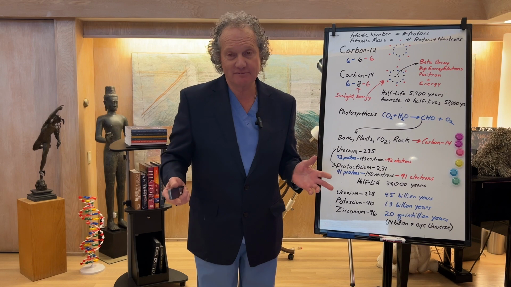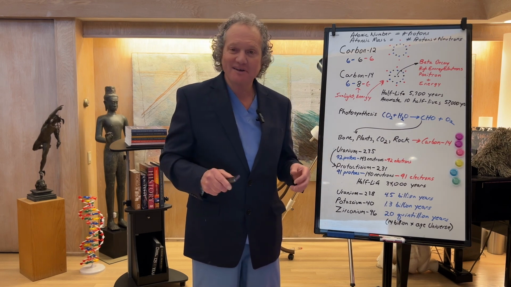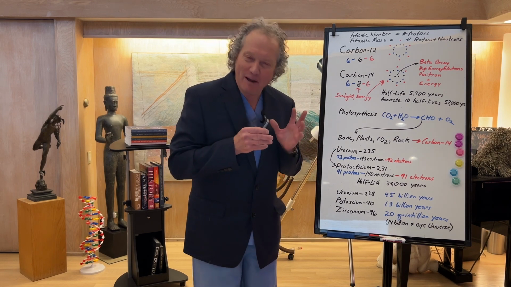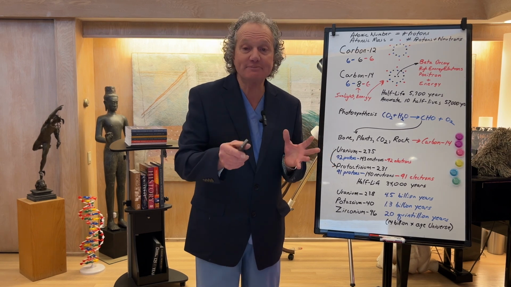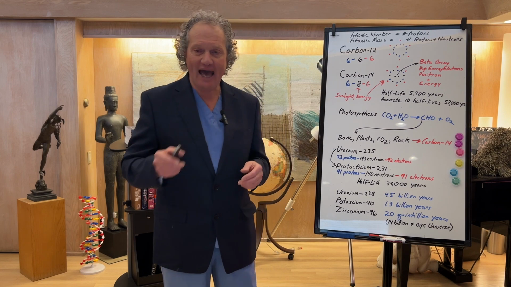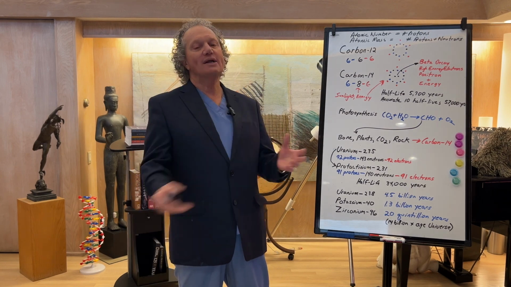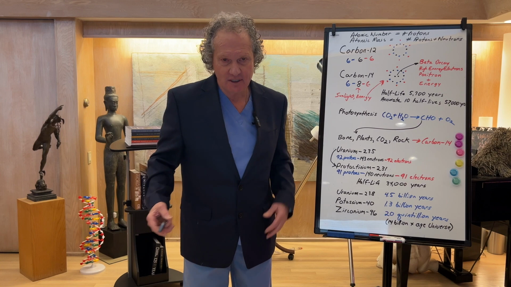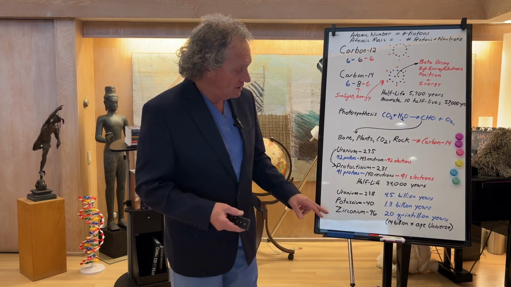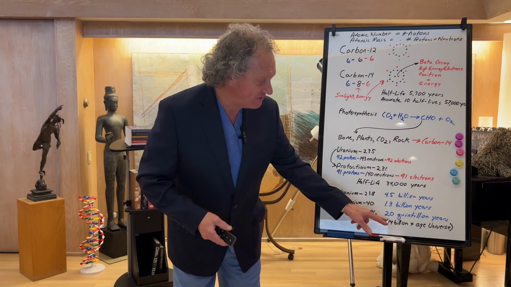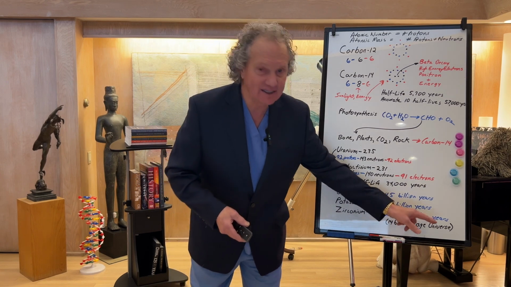But my favorite, although we can't use it, my personal favorite is zirconium-96. That decays to molybdenum-96 with a half-life of 20 quintillion years, which in a universe that is only 13.8 billion years old, there's zirconium, its half-life is 20 quintillion years.